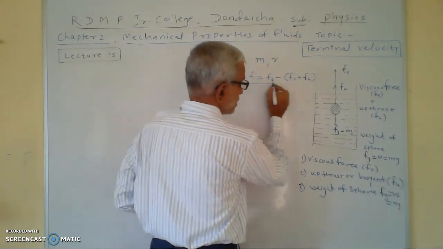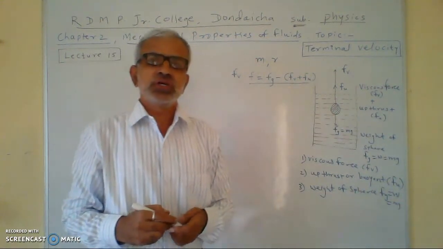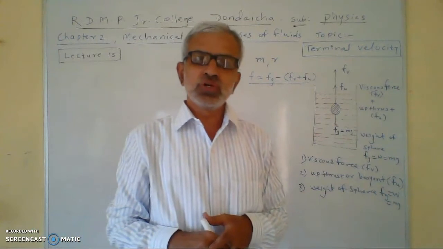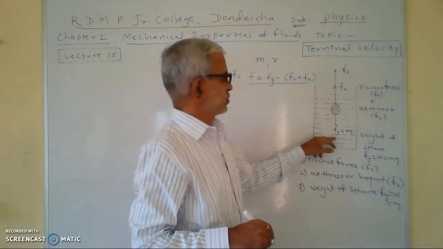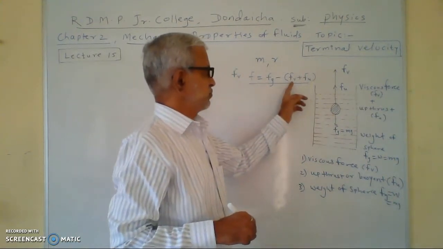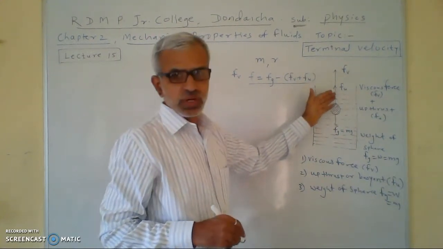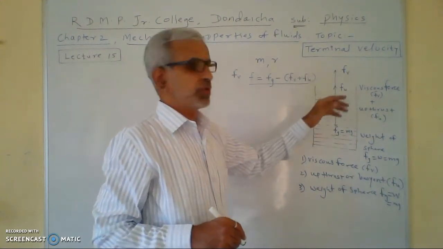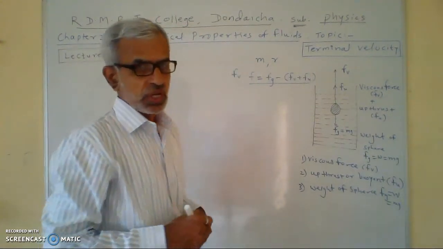Here F is the net downward force and Fg is the force due to gravity, which is also the weight. Fv and Fu are in upward direction, therefore they are negative. So this is the equation of force.